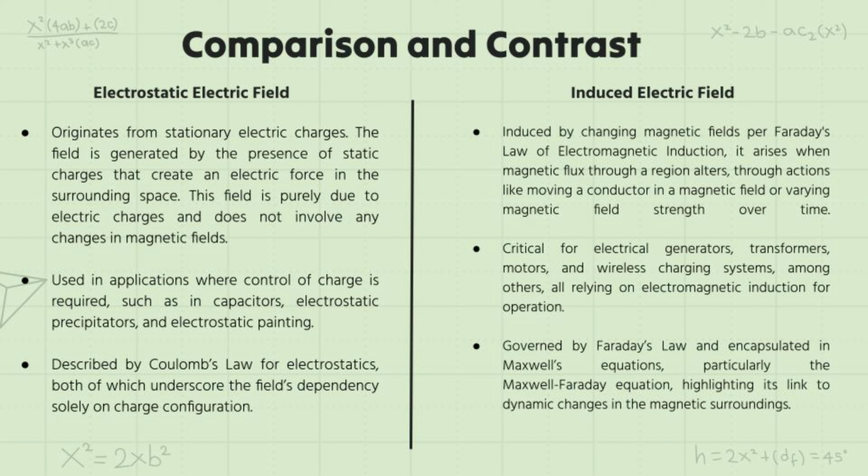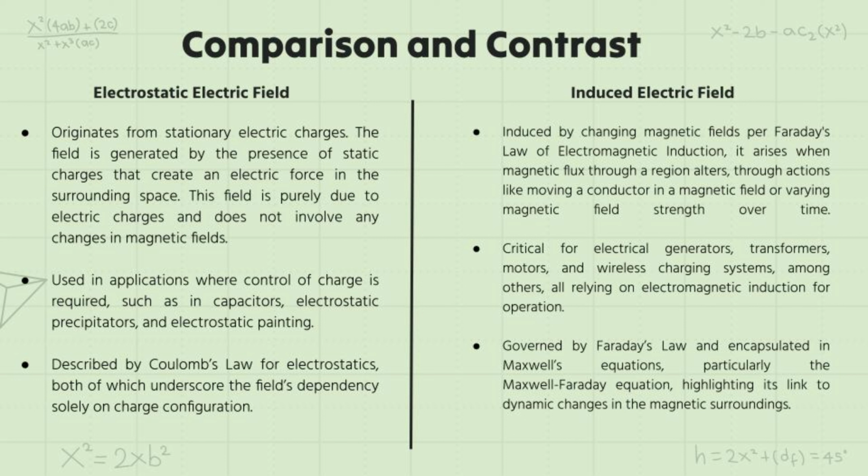For comparison and contrast, the electrostatic electric field originates from stationary electric charges. The field is generated by the presence of the static charges that create an electric force in the surrounding space. This field is purely due to the electric charges and does not involve any changes in magnetic fields.